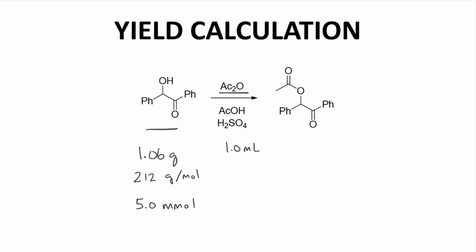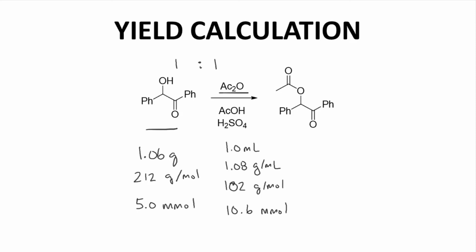The density of acetic anhydride is 1.08 grams per milliliter. So we used 1.08 grams of acetic anhydride. The molecular weight is 102 grams per mole for a total of 10.6 millimoles.